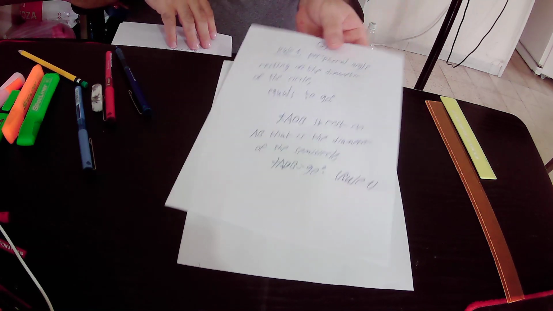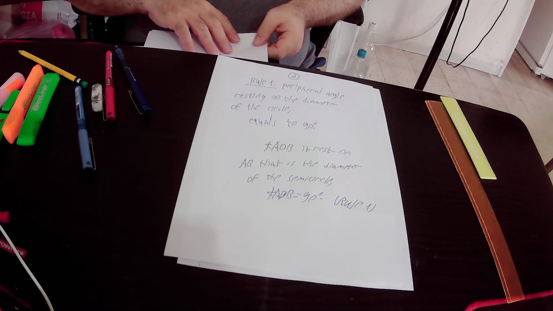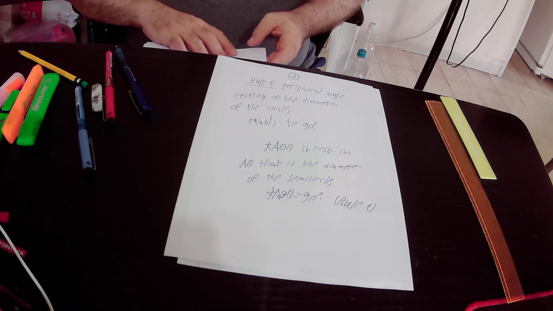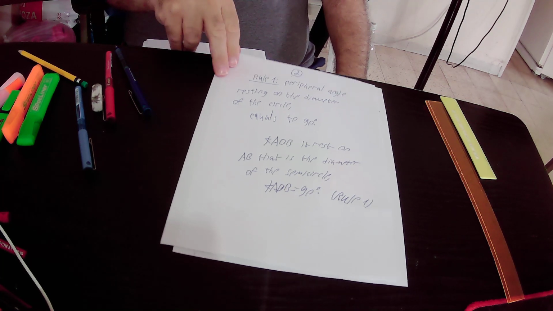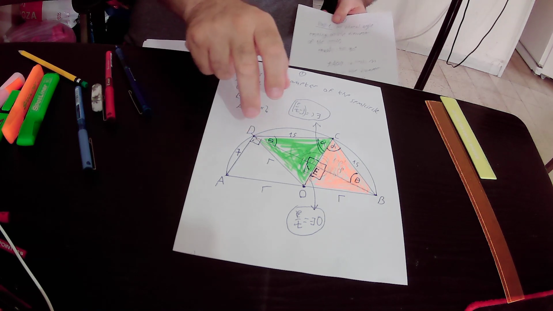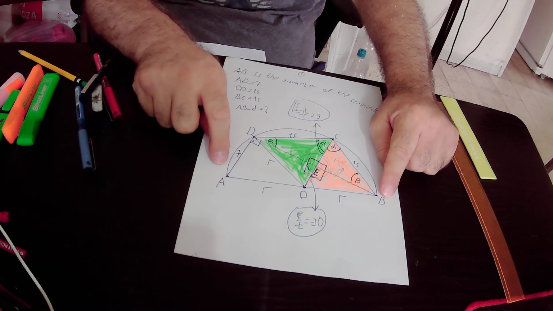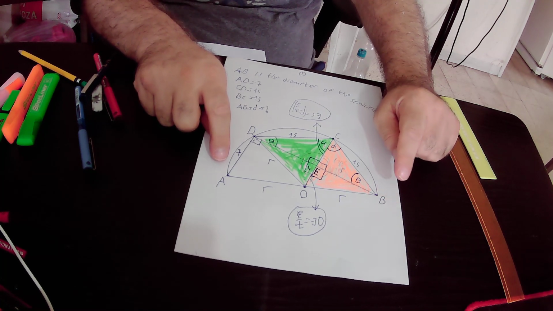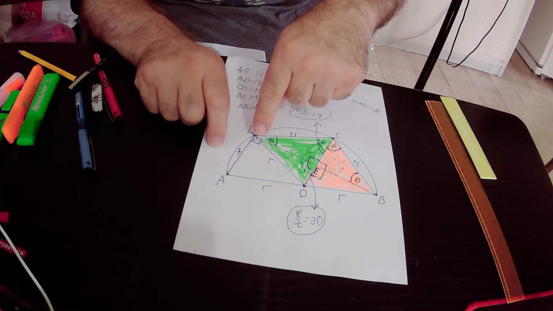And rule number 1 states that a peripheral angle resting on the diameter of the circle equals 90 degrees. So actually this peripheral angle, angle ADB, rests on the diameter of the semicircle. Therefore, according to rule number 1, this peripheral angle equals 90 degrees.